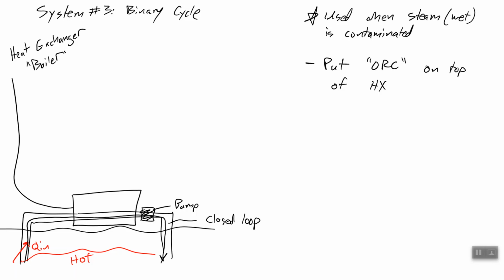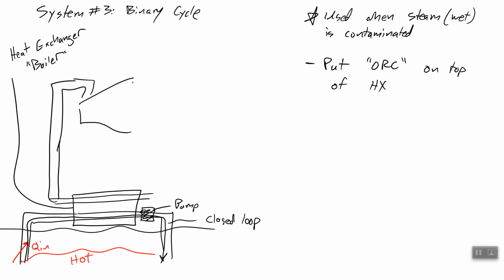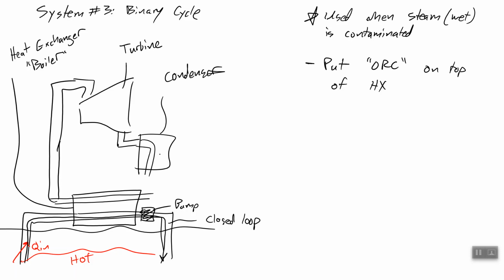Kind of modeling this after a Rankine cycle. And so that boiler then is the boiler of a standard Rankine cycle. So we have a boiler going into a turbine, and then leaving we go into a condenser, which exchanges heat with a cooling tower, just like in our last two examples.